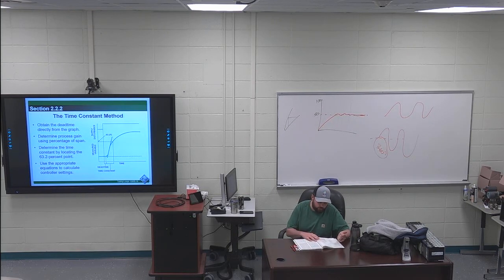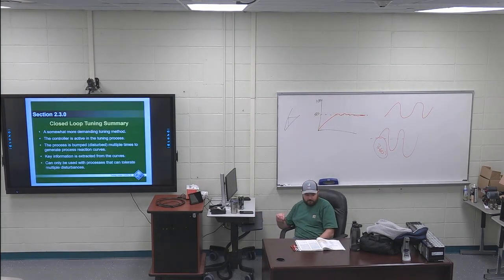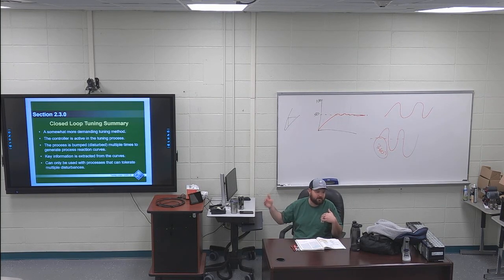Going on to 230, closed loop tuning. So remember, closed loop tuning is where you're adding a controller. Something's looking at your output, and the controller is seeing what the error is and making a correction factor based on that. In closed loop tuning, 230 on page 16, I've got the first 4 sentences highlighted.